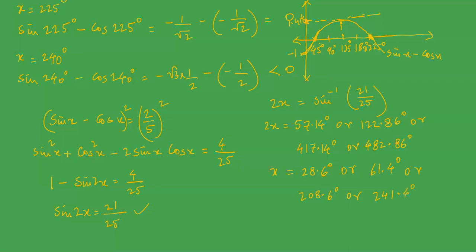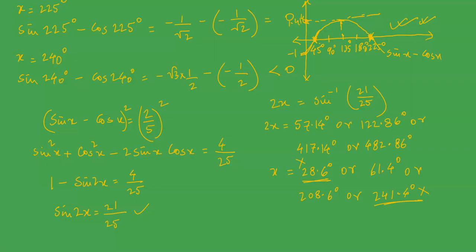Now we are getting 4 values, and all 4 of these are lying between 0 degrees and 360 degrees. But when we look at this graph, we can straightaway understand that 28.6 cannot be taken because this is less than 45 degrees. Also, 241.4 degrees cannot be taken because it is more than 225 degrees. That is why I have drawn this graph, and that is why you have to check.